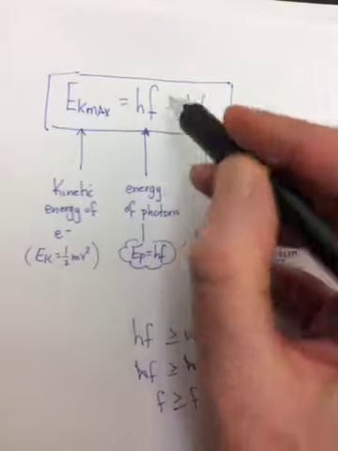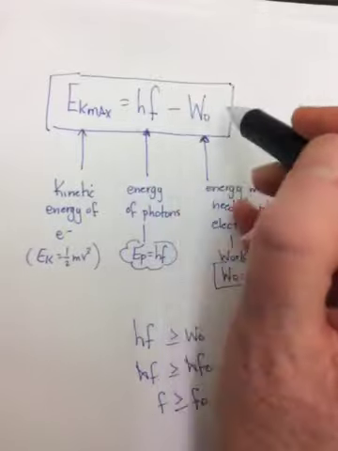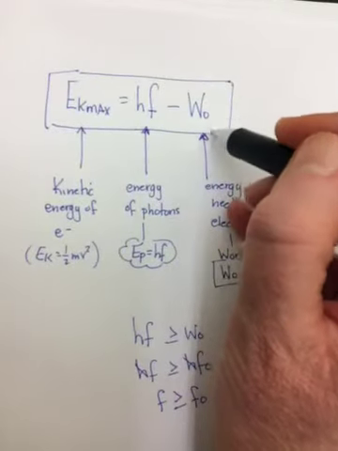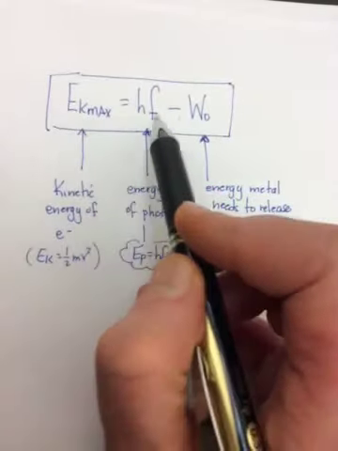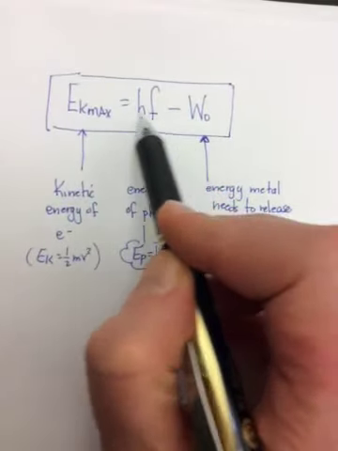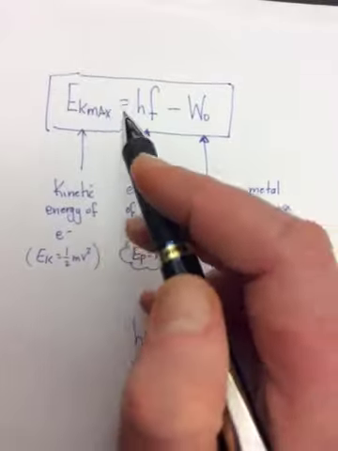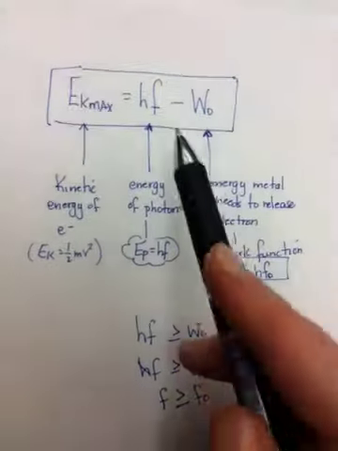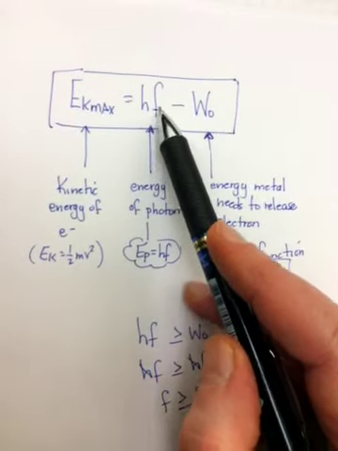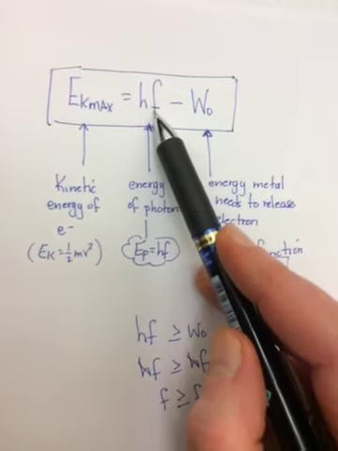Okay? So this is the amount of energy coming in. This is what the metal takes before it'll give up the electron. And then anything that's left over, anything that's excess from this right-hand side becomes the traveling energy of the electron. So what happens then if I increase the frequency here? It means your aunt is sending in more money.